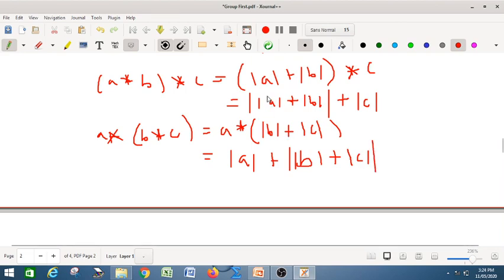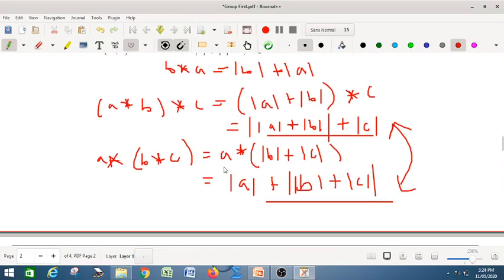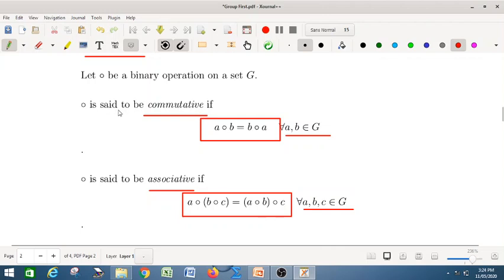Look at that, these are positive quantities, mod A, mod B, because already you have taken mod. So these two are equal, because if you take mod of A, mod of B and whole mod, it will be the same, and plus mod C, then this whole thing is the same as this. So this is also associative. This is commutative as well as associative. So we check that the operations are commutative and associative. So this is how the binary operations are checked in the problems of composition.